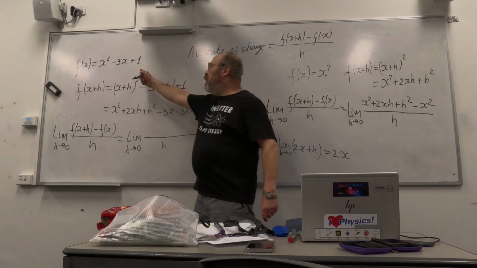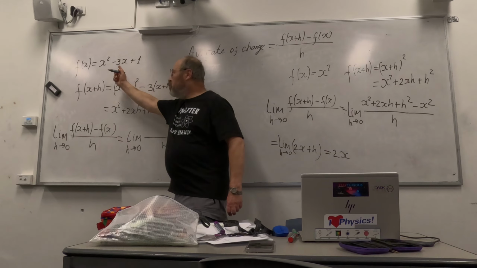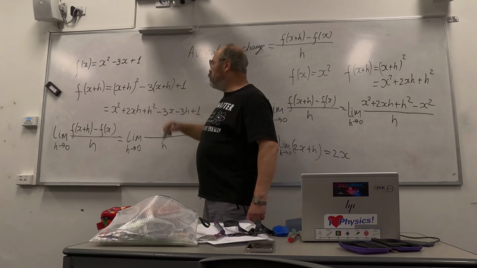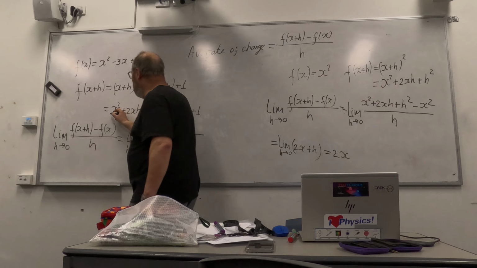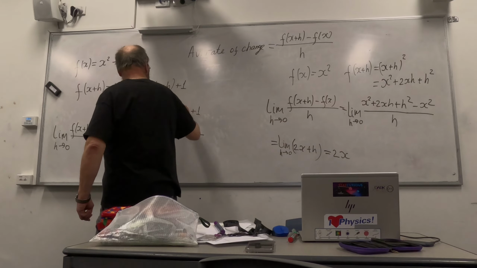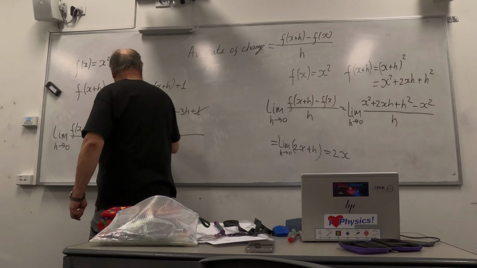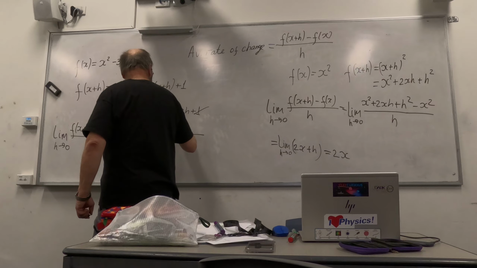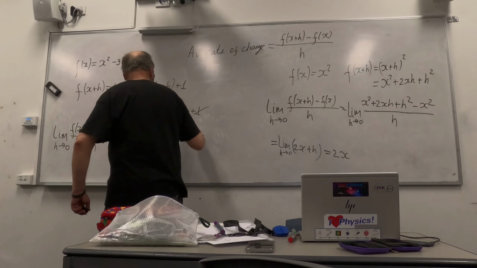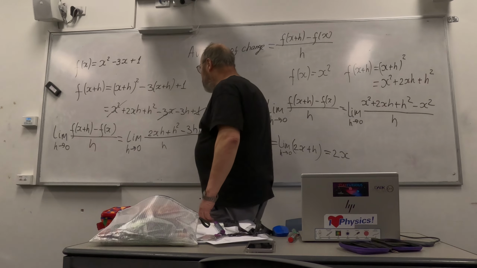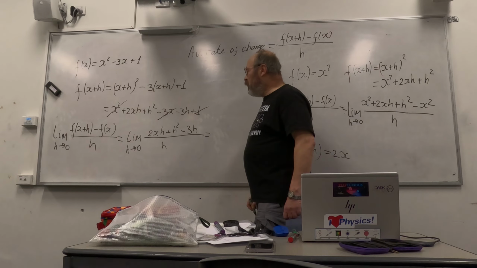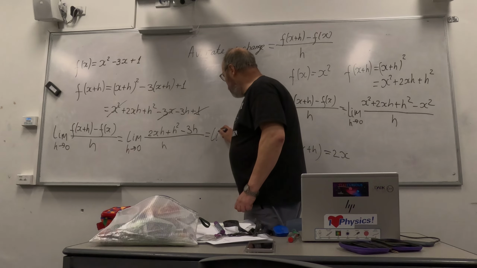Minus 3x minus minus 3x, gone. 1 minus 1, gone. So this is gone, this is gone, and this is gone. What's left? 2xh plus h squared minus 3h. Dividing by h, we get the limit of h approaching 0.